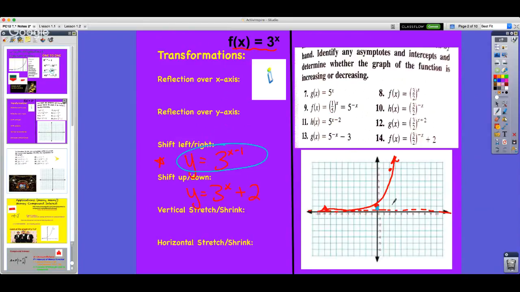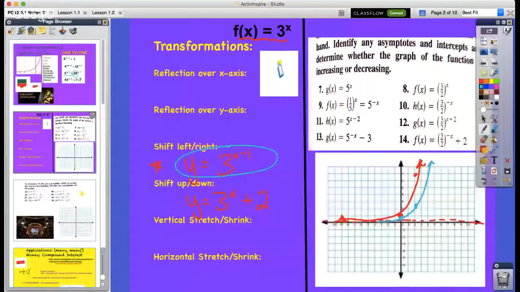What would I get? Okay, 1, which is 3 to the first, would be what? 3, right? So we go here, go up 3, right here. So the graph, again, is going to shift everywhere it's at. It's going to shift to the right 1. Sorry, Josh. But you see what I'm saying there? That's kind of what it's doing on that side.